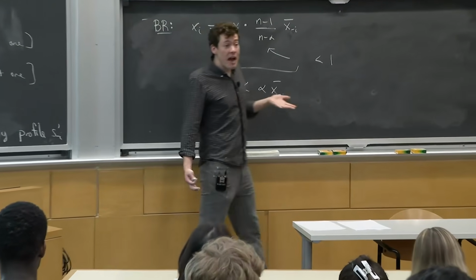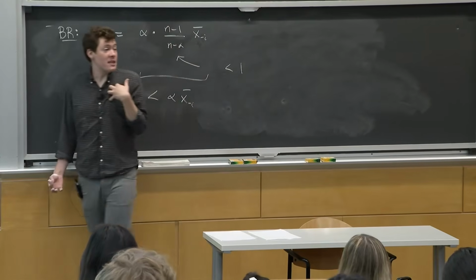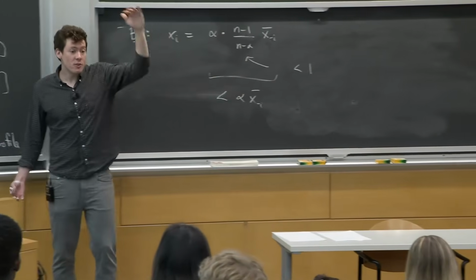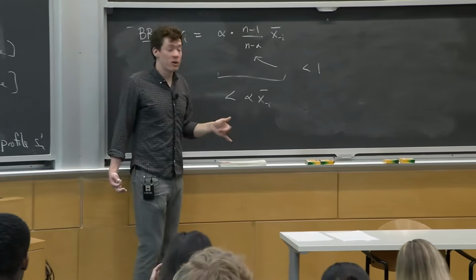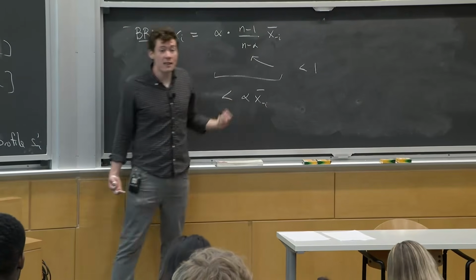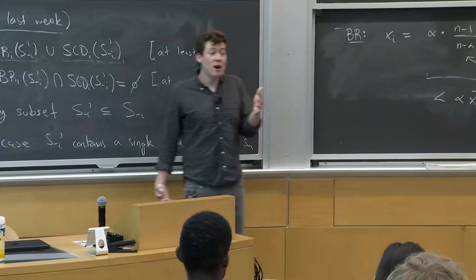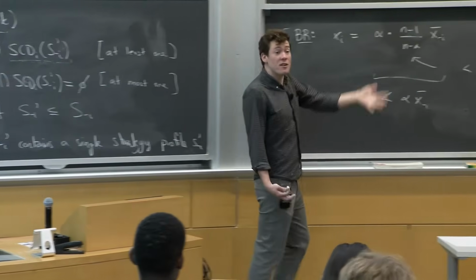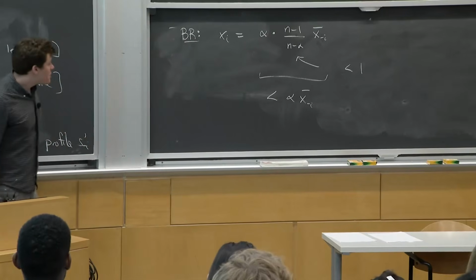But now the average is strictly smaller, because my guess of alpha times the average is smaller than the average. So exactly as you said, I've pulled down the class average, and now I want to guess a little bit lower. That's what this is reflecting: my guess directly affects the class average. And when I'm trying to guess a fraction of the class average, my guess is always going to pull it down.